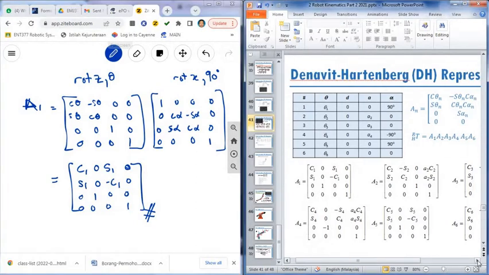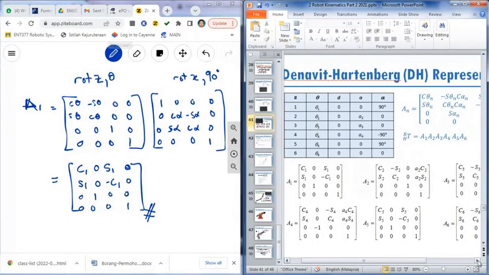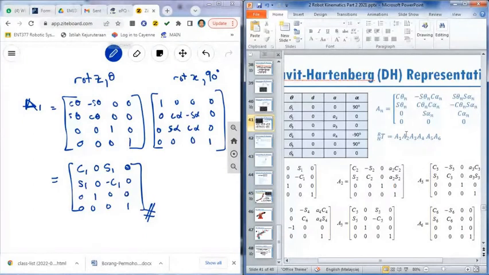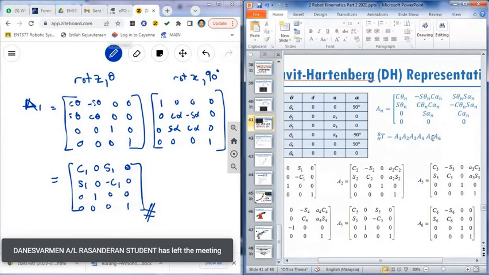Then after you get all these matrices for the 6 rows, you need to multiply all of them. But you need to arrange from left to right, because you need to map. So left to right, from A1 to A6.